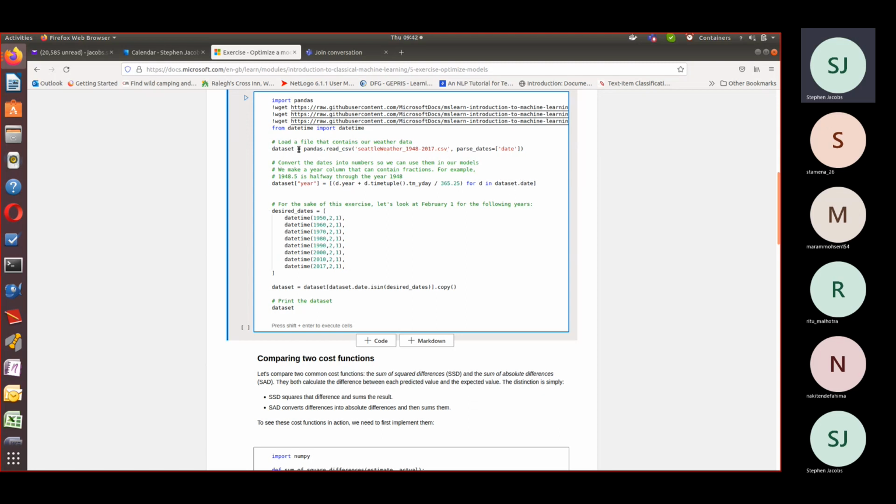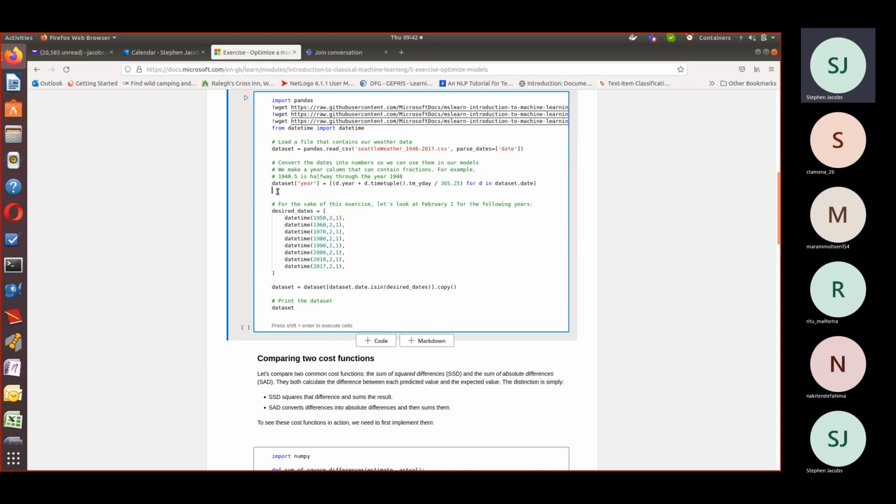If you look at this, data set is what we've read in for dates, and that's in here. And then what we're going to do is we've now converted our date format into a number which says it's up to a certain fraction.